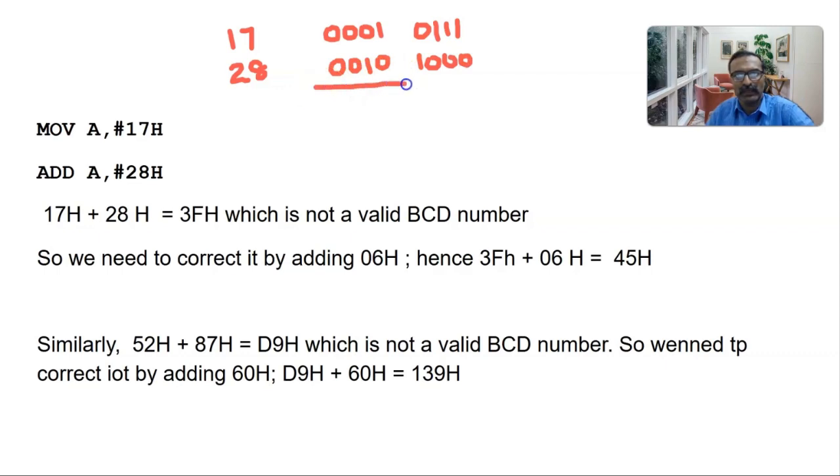I am going to add these two numbers. If I write the result as a hexadecimal number, this is 3 and this is F in hexadecimal.